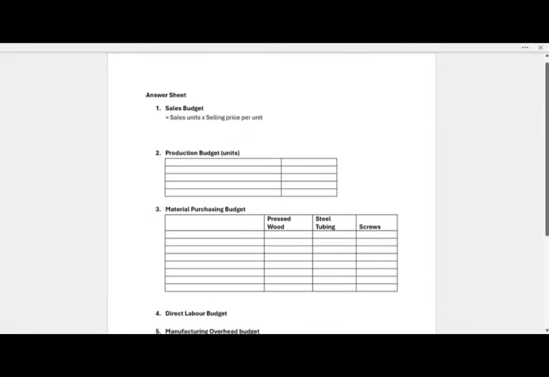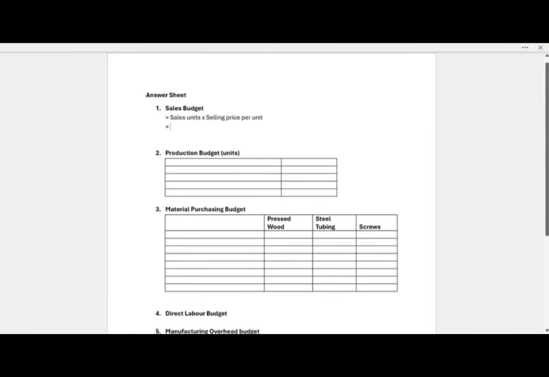So the formula is sales units, the number of units estimated to be sold in that year, multiplied by selling price per unit for those particular units that we are producing, all right?